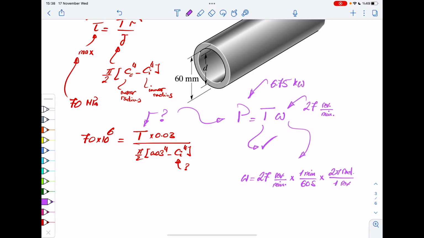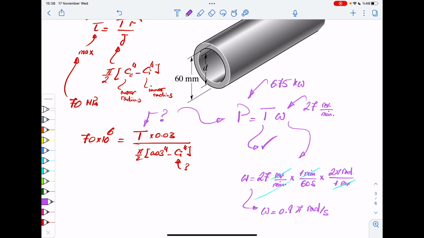By doing that, you cancel these together, and you end up with omega in terms of radians per second, and that would be 0.9 pi radians per second.